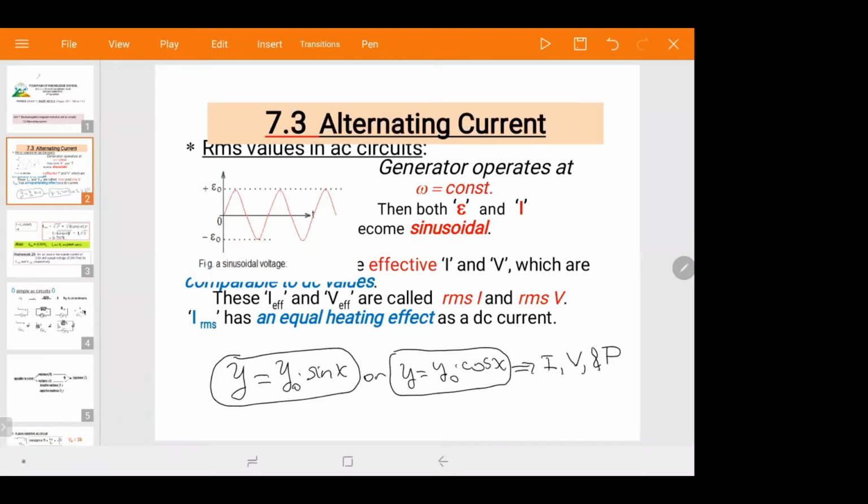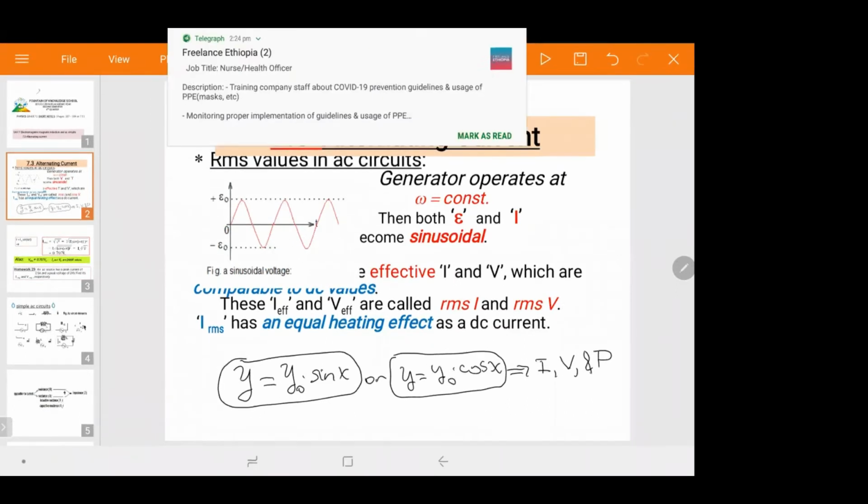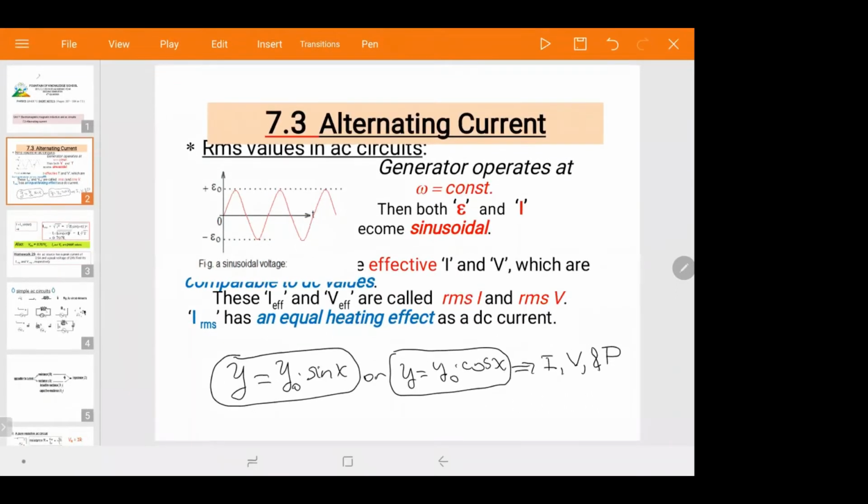When you have a current, since it's changing, one moment becomes 0, next moment you get maximum value, and it comes down to 0, and so on. And you know that current has a heating effect, and you have to pay money for the electricity that you used as well. What are you going to use in calculations?